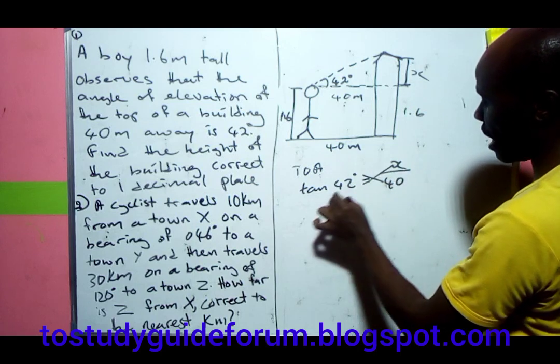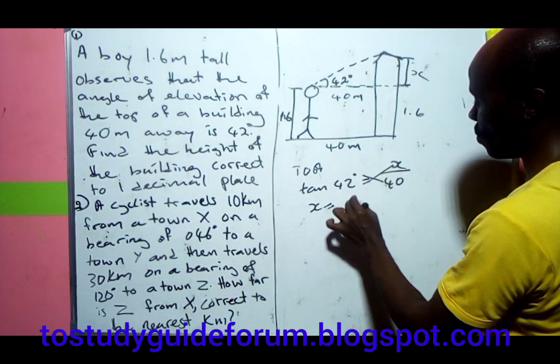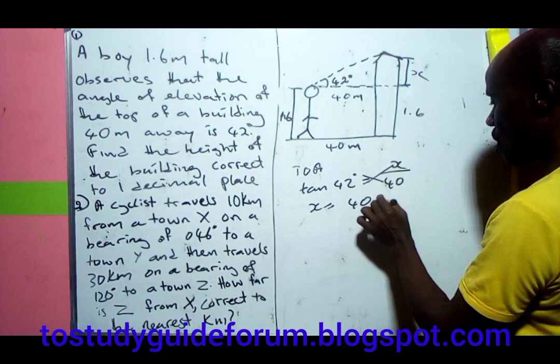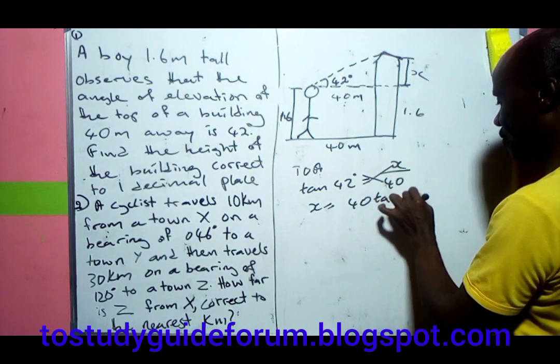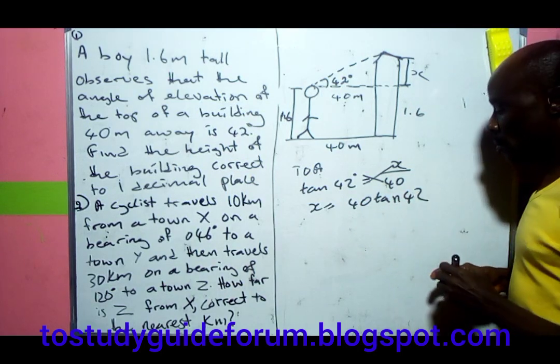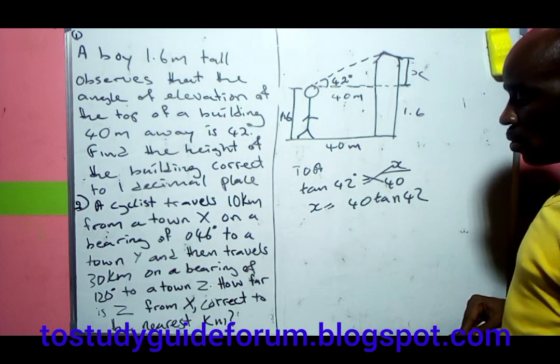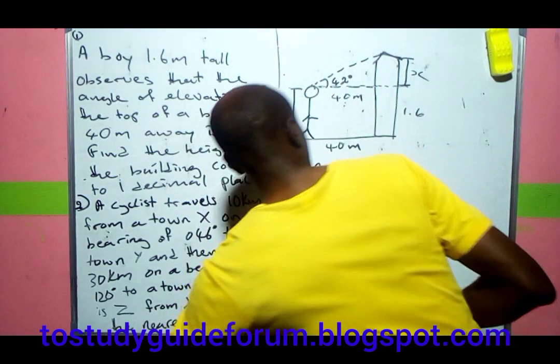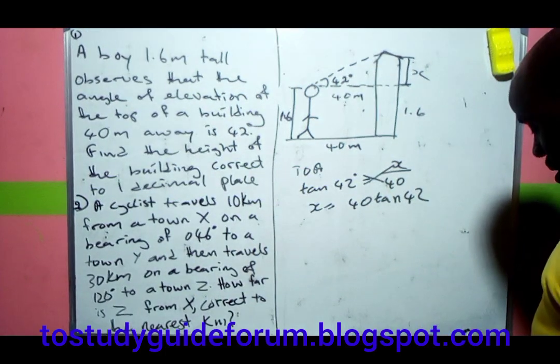If you cross multiply, x will be equal to 40 tan 42 degrees. So let's quickly do that with the calculator.